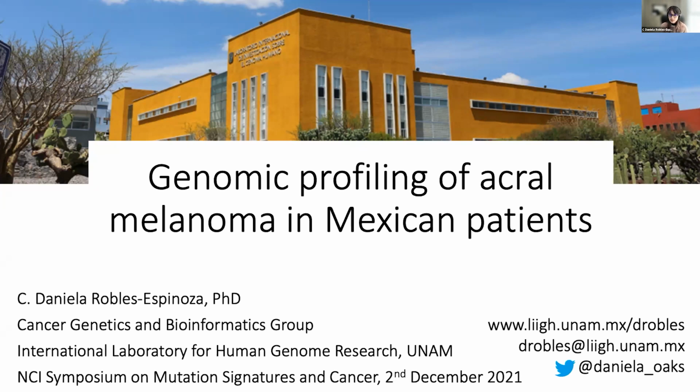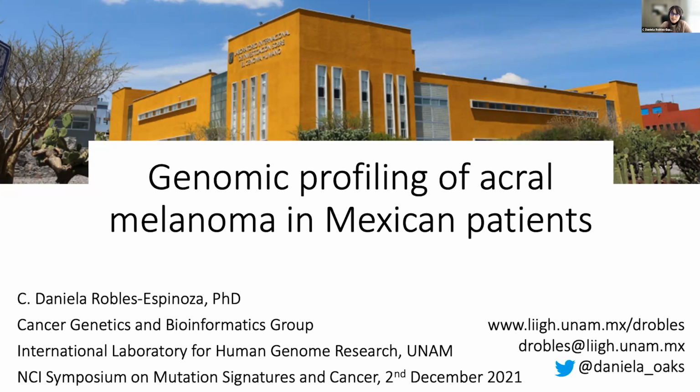My name is Daniela Robles. I am an assistant professor at the International Laboratory for Human Genome Research, part of UNAM. Today I'd like to tell you about a project that is very much under development in our lab at the moment, called genomic profiling of acral melanoma in Mexican patients.